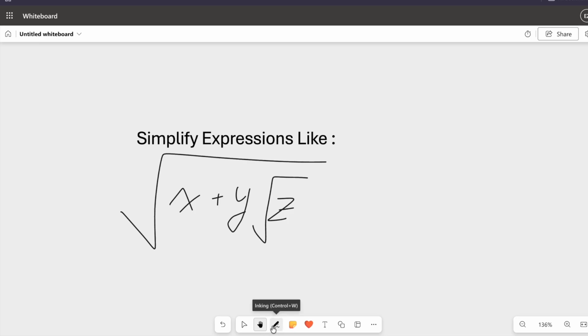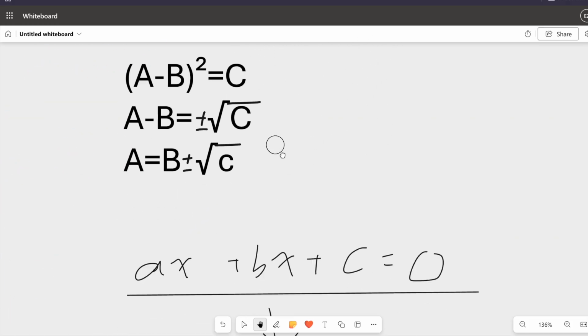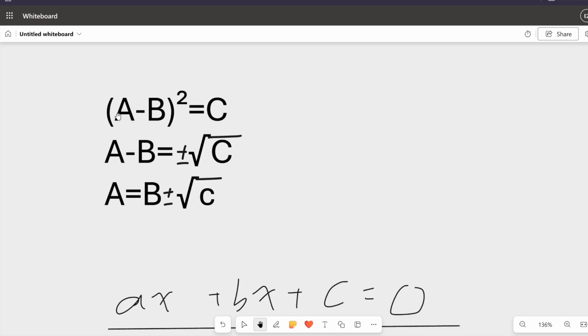when we undo a square root, undo a square, or expand a perfect square, we somehow will receive, or might receive, some square root. For example, let us see this one. Here, (a minus b) squared equals c. We undo the square, taking the square root.